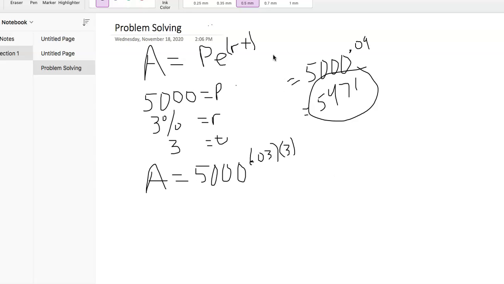This is the formula you need to know: A equals P e to the rt. P is going to be the number you started with. R is going to be the rate that you're getting as a return. T equals the number of periods. So when it's compounded annually over 3 years, there were 3 time periods. That's problem solving for you.